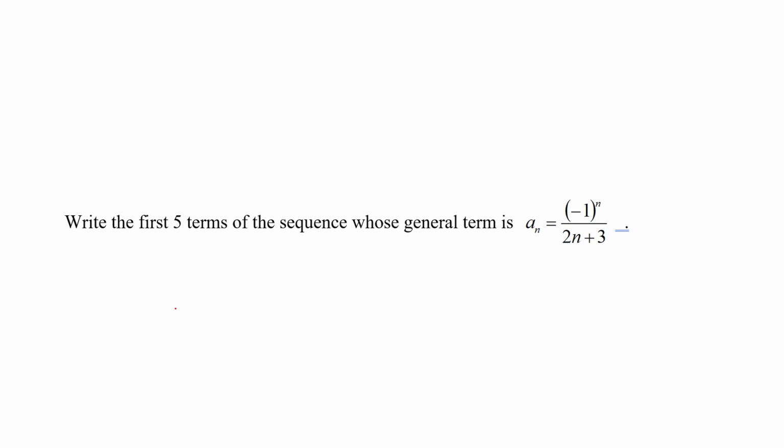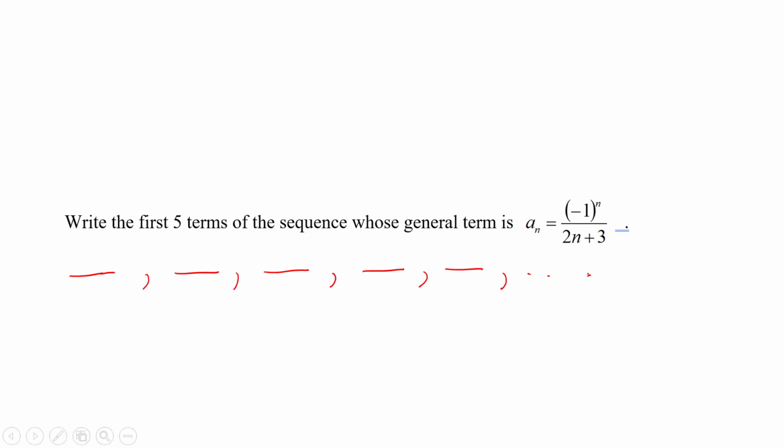We'll write out the first 5 terms of the sequence whose general term a sub n is equal to negative 1 to the n divided by 2n plus 3. So every time you're going to get a fraction, n equals one, two, three, four, 5.